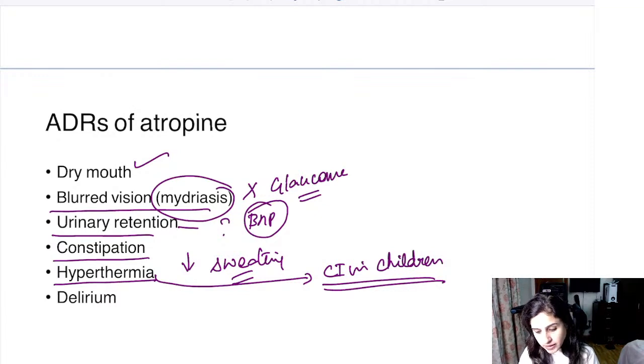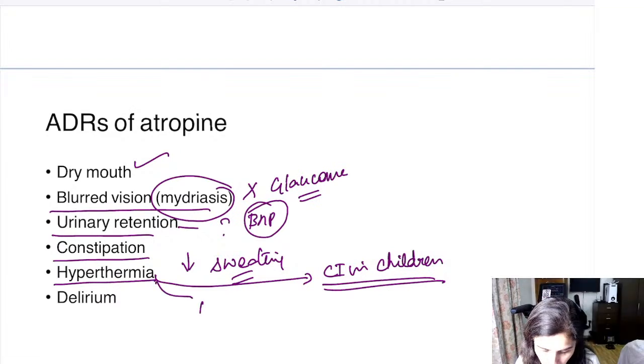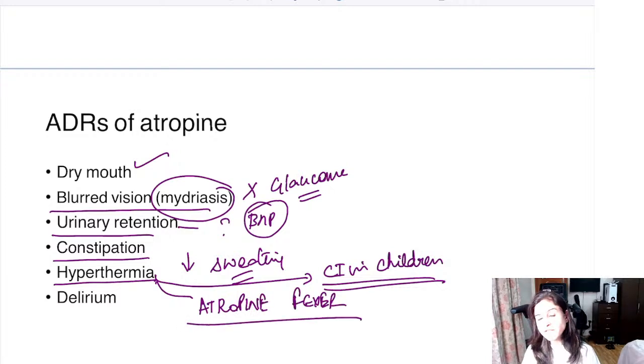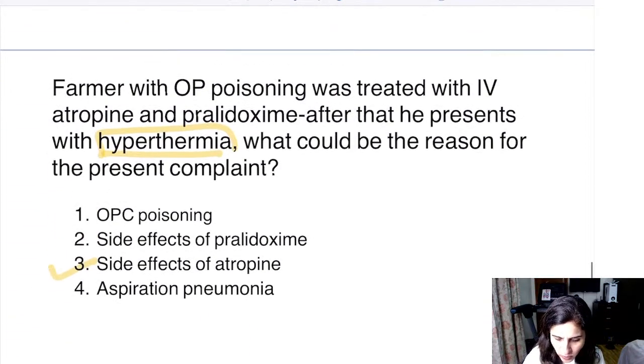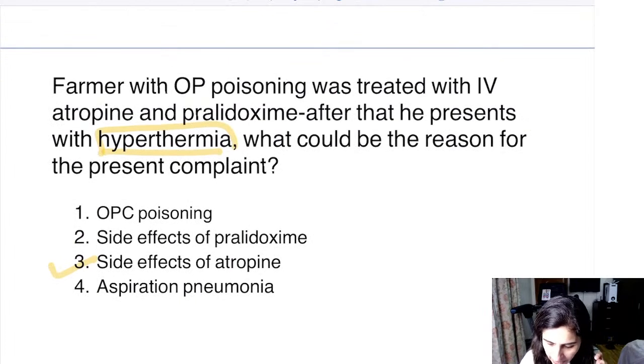This hyperthermia is called atropine fever. The reason is the decrease in sweating that it causes. Then it can lead to delirium. But the most important is hyperthermia. This question has come 2-3 times before. It was either a patient or a child in the last FMGE, I think, and even in NEET PG, where a child was playing with some plant, consumed it, and developed hyperthermia.